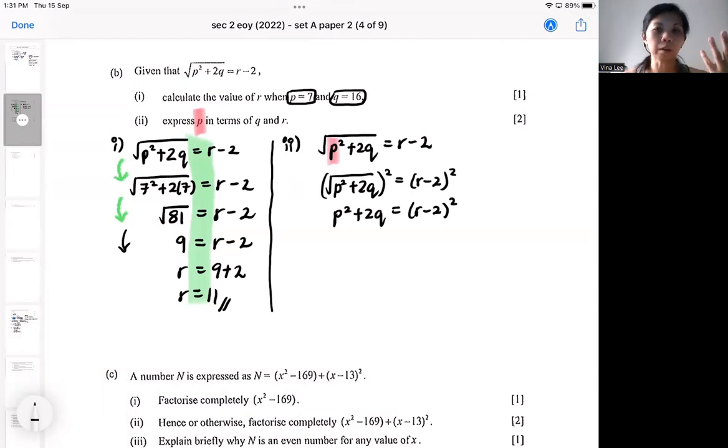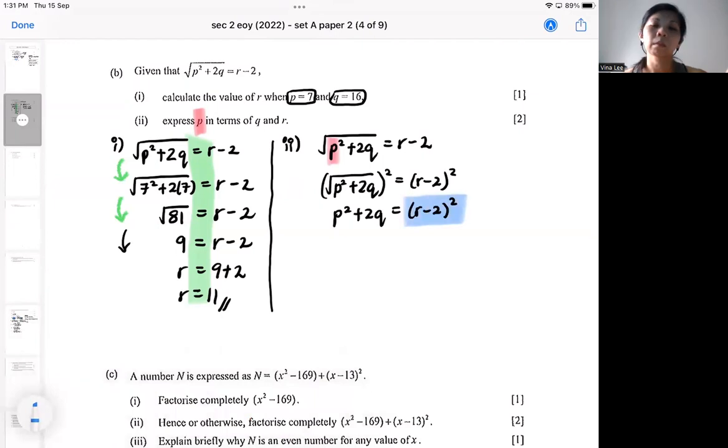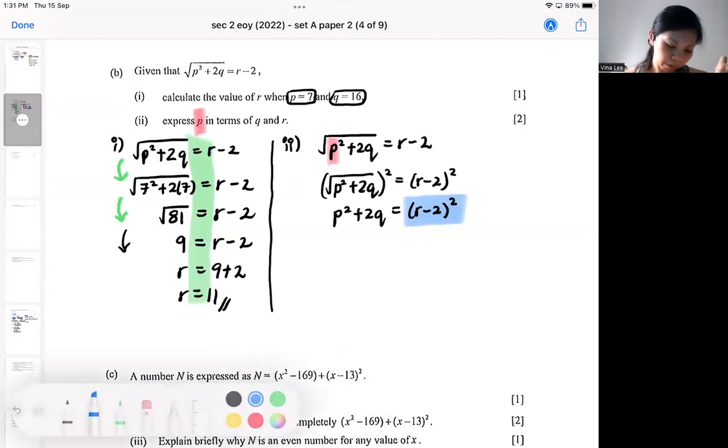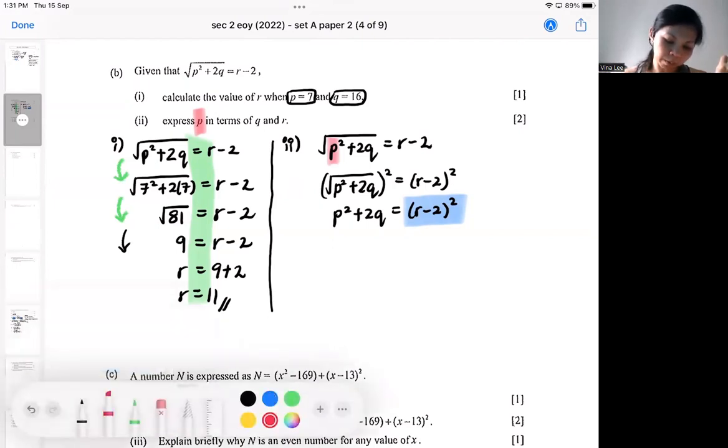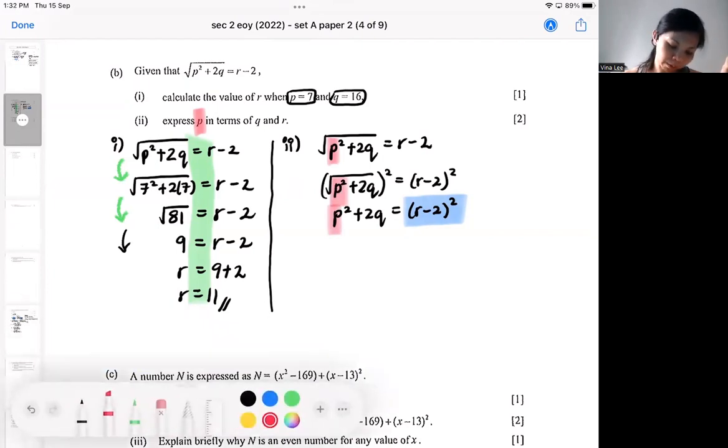If some of you are thinking, do I even need to expand this part? It's not a concern whether you expand this part or not. If you want to expand, you expand. If you don't want to, leave it, because my aim is to isolate my subject. At every line, you should focus on where my subject is. My subject is still there, so I'm going to move more things.